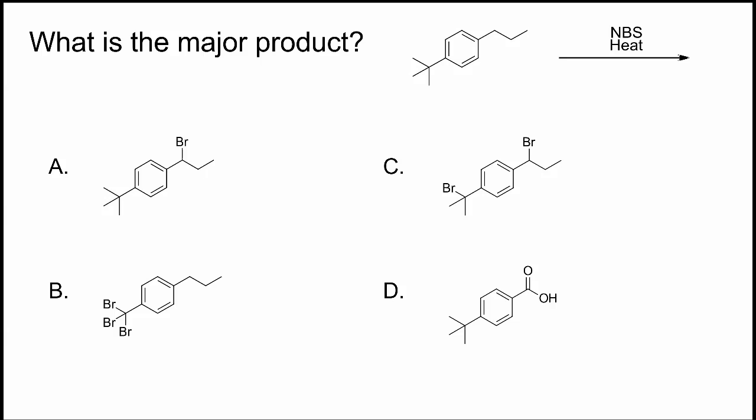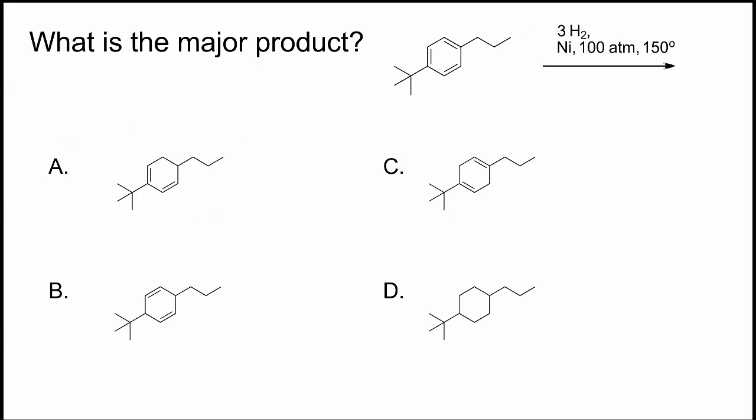So everybody chose A, and that is the correct answer. We're only going to brominate one time where there's a benzylic hydrogen. So C would not work because you've lost a carbon. And B is brominating the carbons and taking the place of the carbon. So we don't want to do that either.